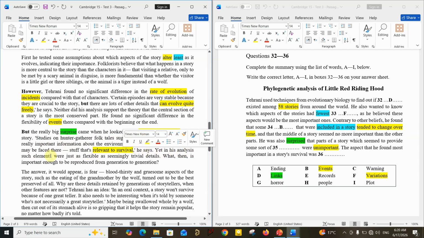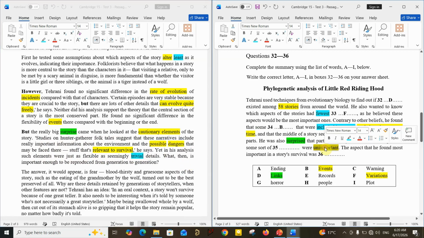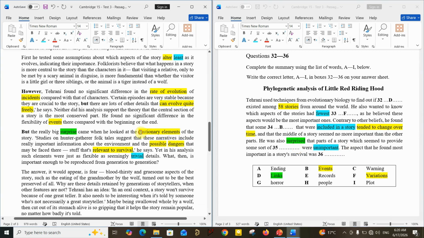Yet in his analysis, such elements were just as flexible as seemingly trivial details. Trivial. What is the synonym for trivial? Trivial means unimportant. So what are the things that were unimportant? Something about cautionary elements, possible dangers, relevant to survival, and what do they have in common to find out?